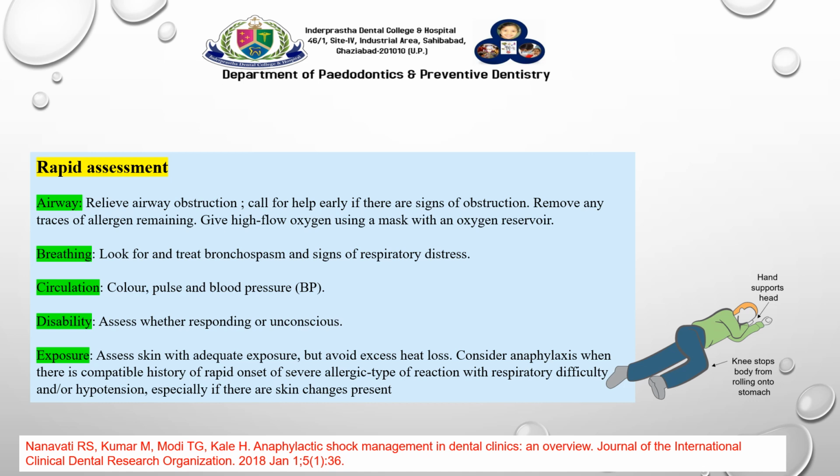Breathing: look for and treat bronchospasm and signs of respiratory distress. And check for circulation: we need to check for normal blood pressure of the patient and pulse. Disability can be assessed by whether the person is responding or whether the person is conscious or not. Exposure: assess the skin with adequate exposure but avoid excess heat loss.